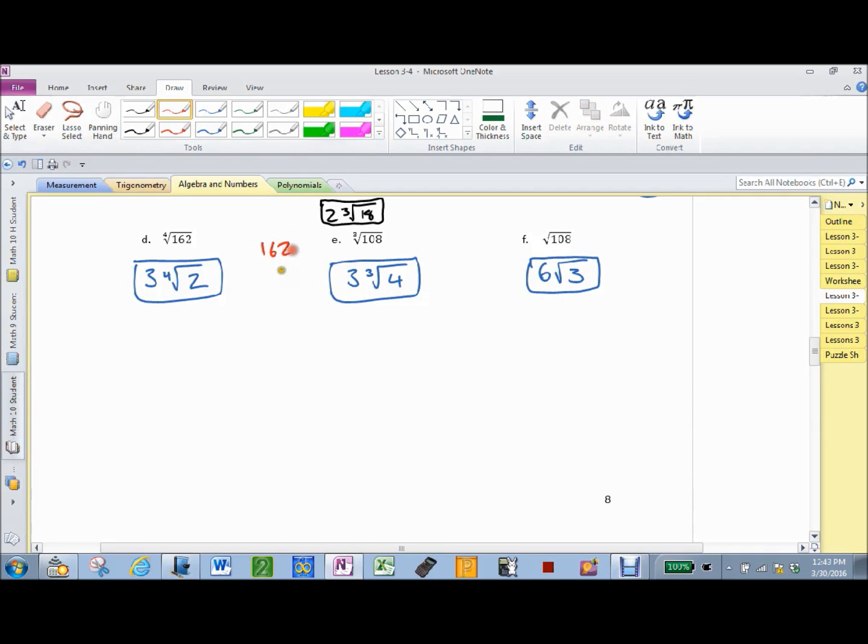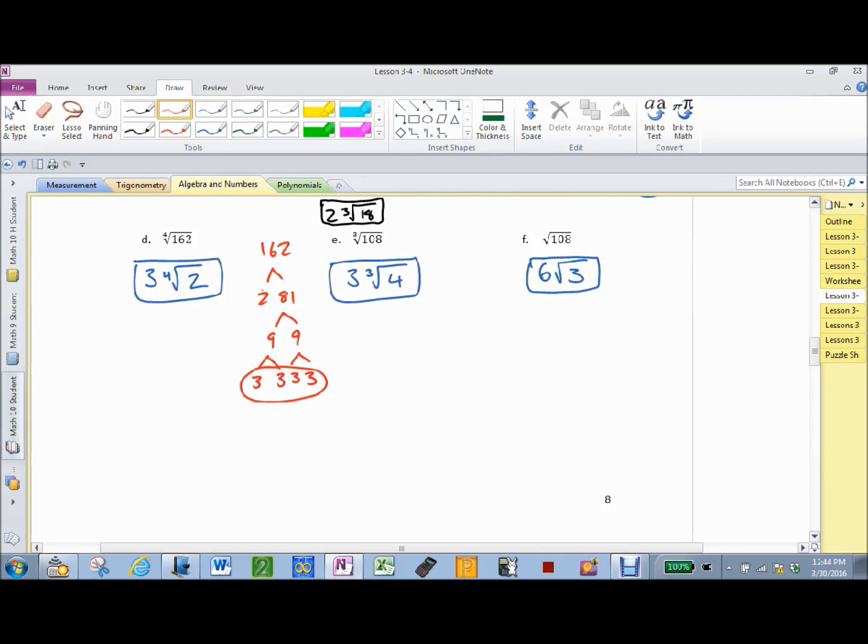So 162 divides by 2 to get 81, yeah? 81 doesn't divide by 2, but it's 9 and 9, isn't it? 9 and 9 is 3, 3, 3, 3. Is there a group of 4? So it comes out, and what did we leave under there? The 2. Cool? All right.